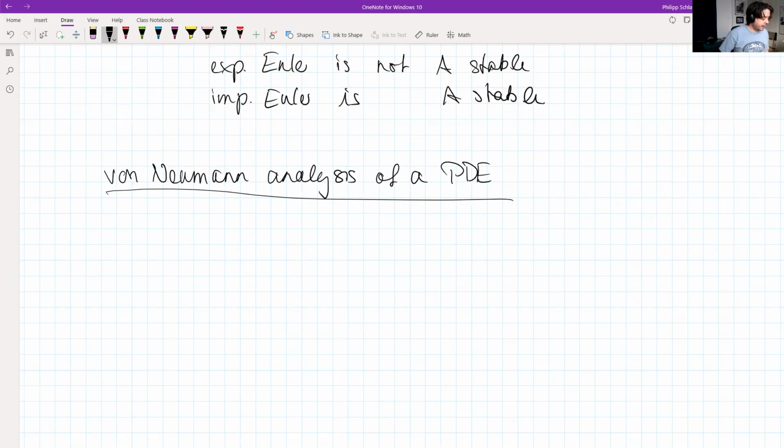Now, the history of this is quite interesting, and it actually goes back to the Manhattan Project in the Second World War in the US, where, as you know, a lot of scientists were coming together and trying to understand some properties of, I guess, nuclear fission, and of course that involved the integration of partial differential equations in one way or another. At that time, the scientists started to realize that you cannot just integrate with whatever time step you wanted.